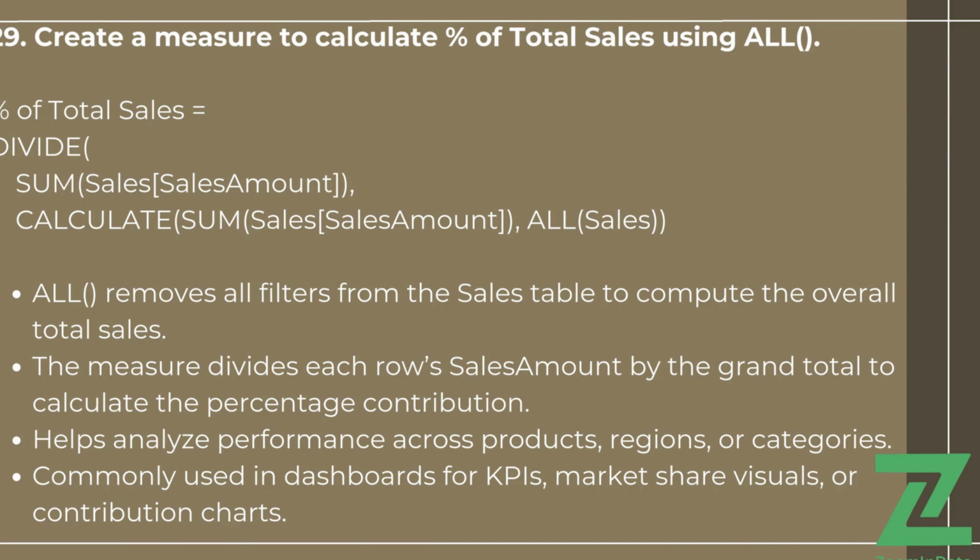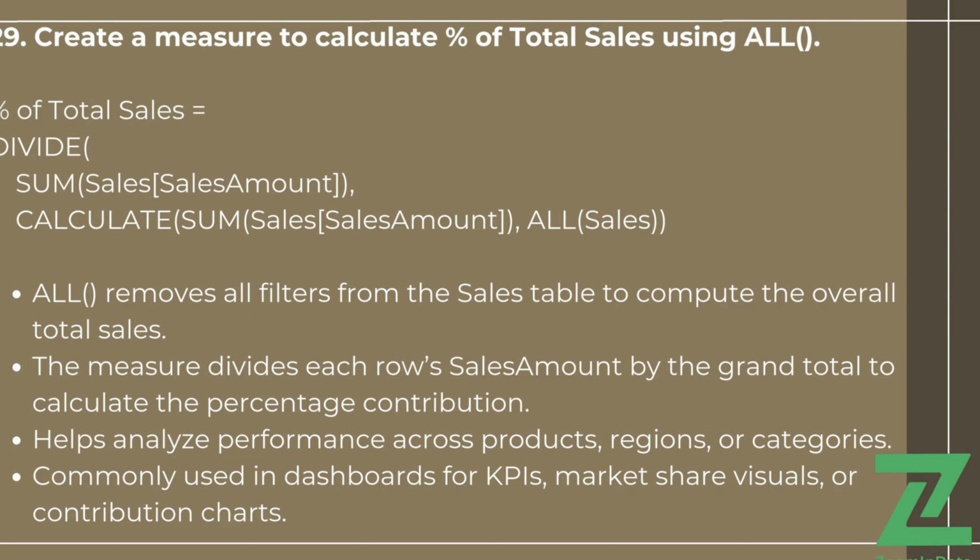29th question. How can a measure be created to calculate the percentage of total sales using ALL in DAX? The ALL function removes all filters from a table to compute the overall total sales. A measure can divide each row's sales amount by the grand total to calculate the percentage contribution. This helps to analyze performance across products, regions, or categories.